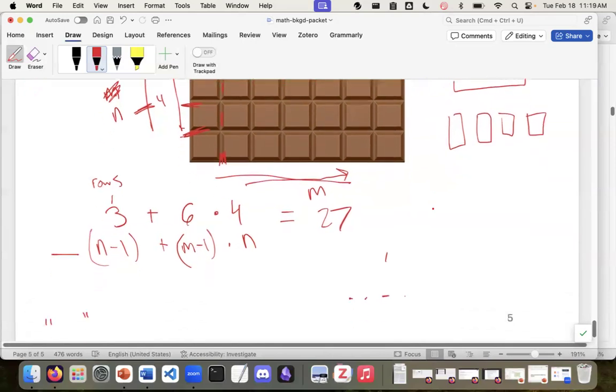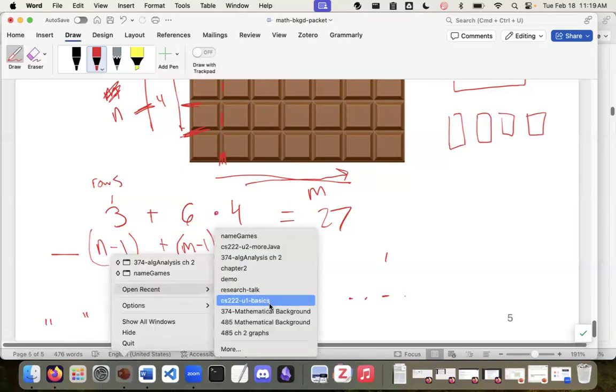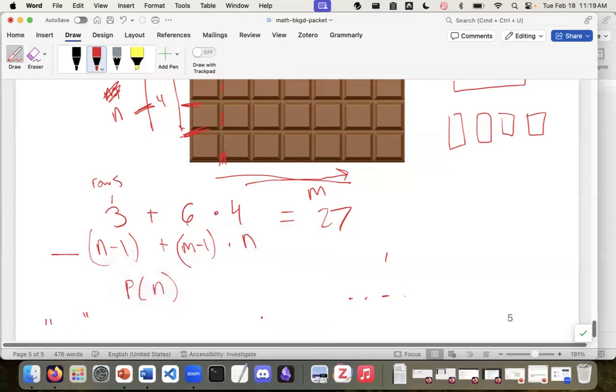So then to prove this by induction, we're trying to prove a premise. Let me try and open it. 485.